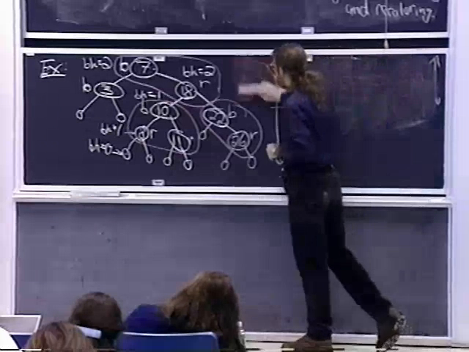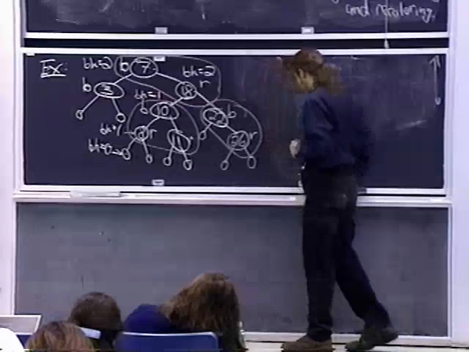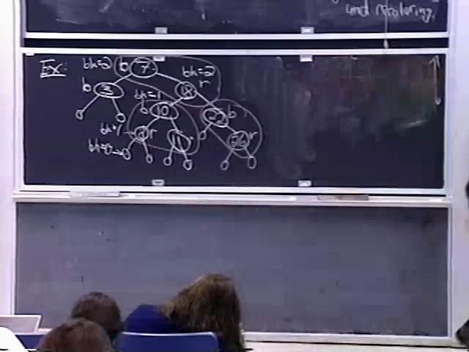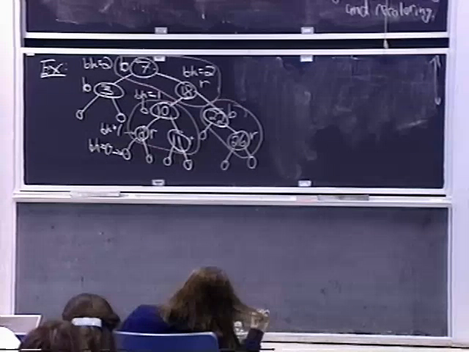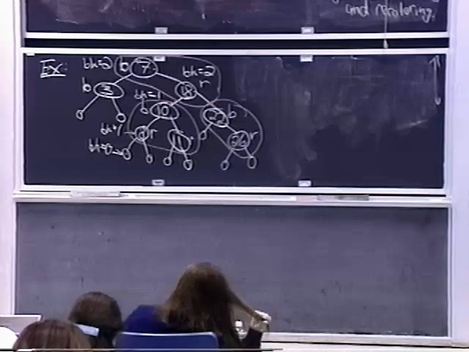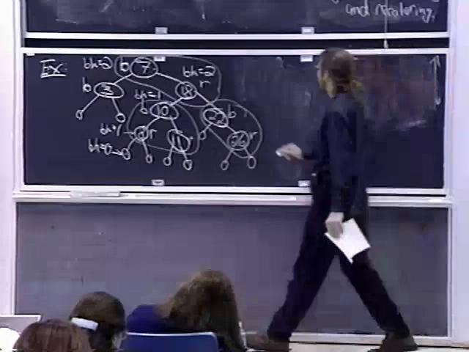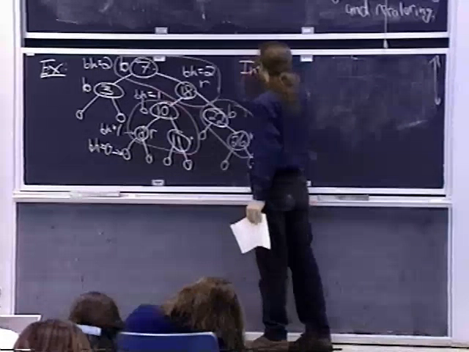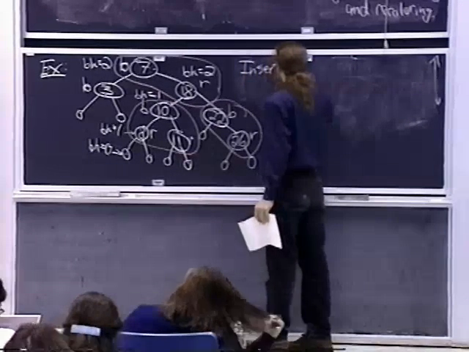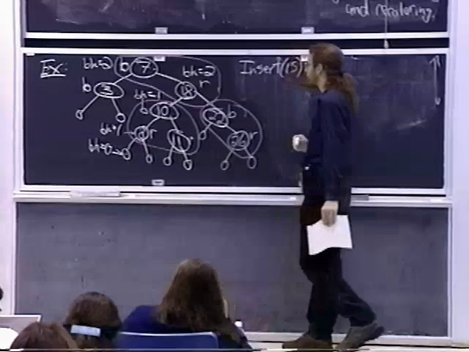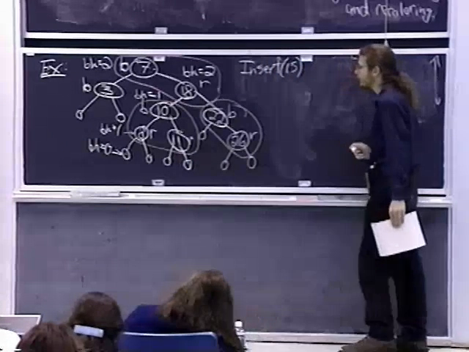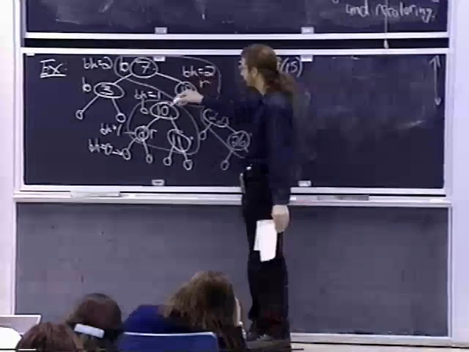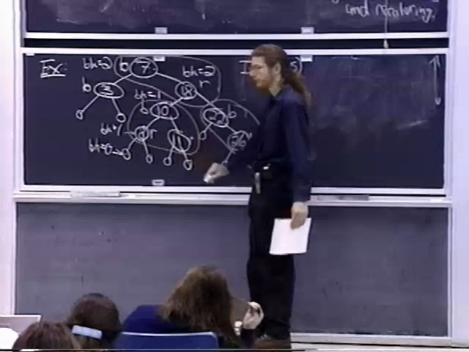So let's look at our tree here again. Let's suppose that I want to insert a particular number, 15. If I want to insert 15, I just walk down the tree. It's bigger than 7, smaller than 18, bigger, bigger. It goes here.